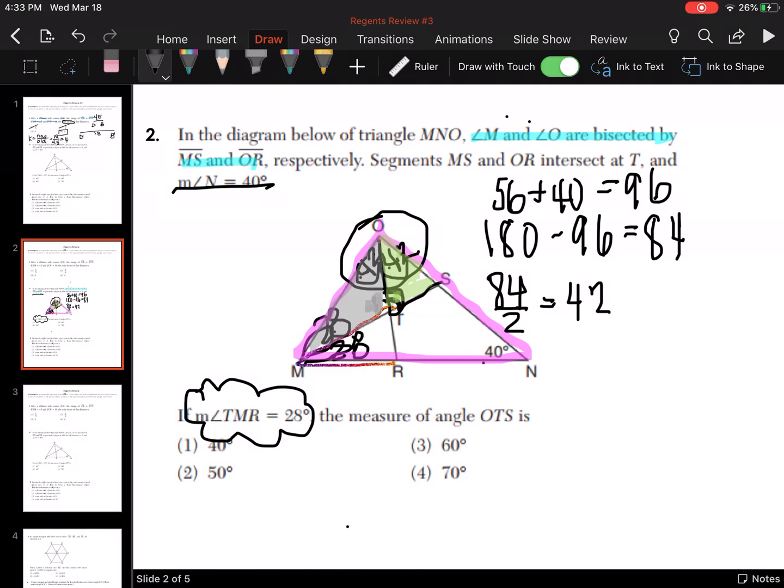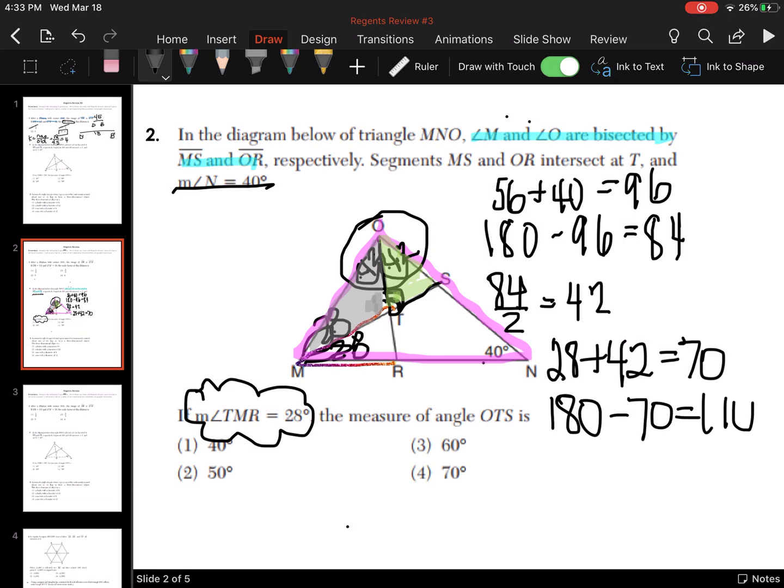So let's do that arithmetic. So we know 28 and 42, which adds to 40, 50, 60, 70. So now we do that 180 minus 70, which will give us 110, which means that this angle here is 110.